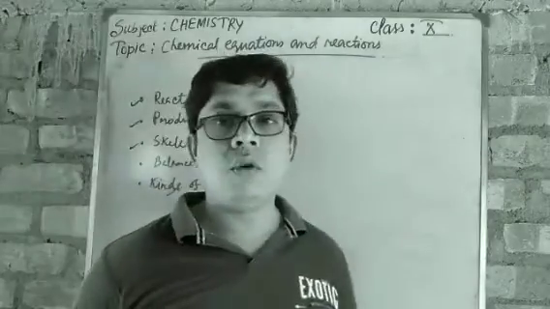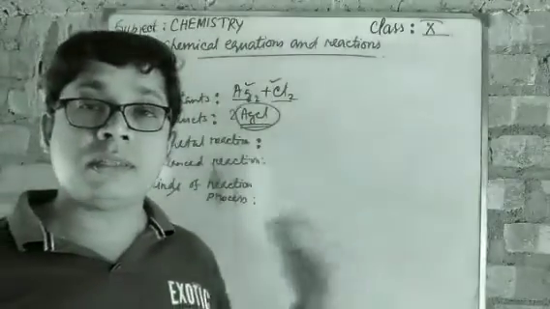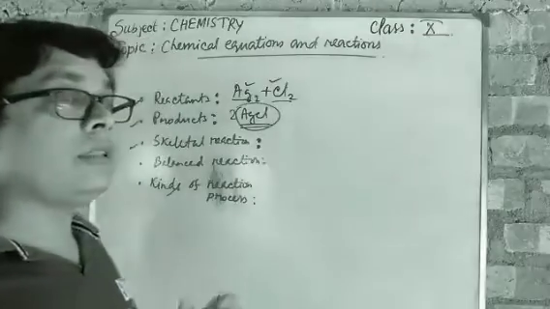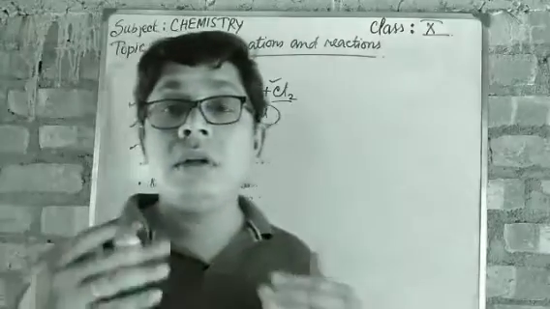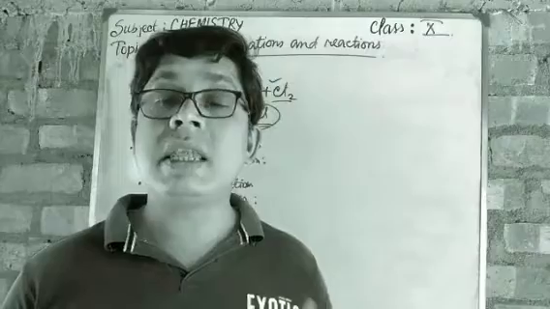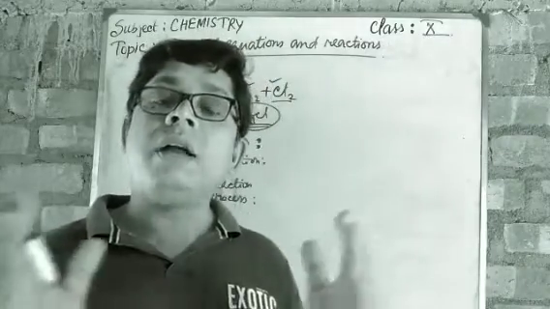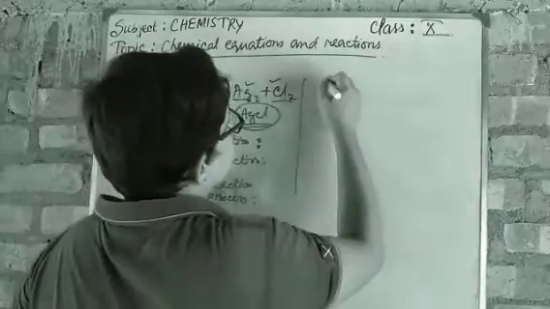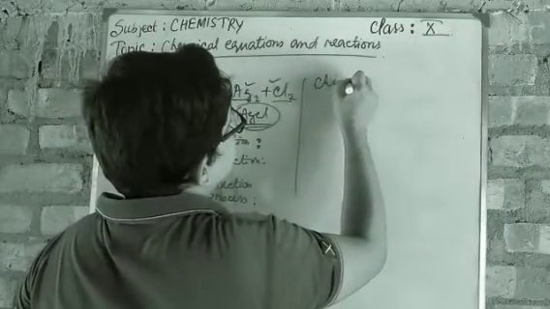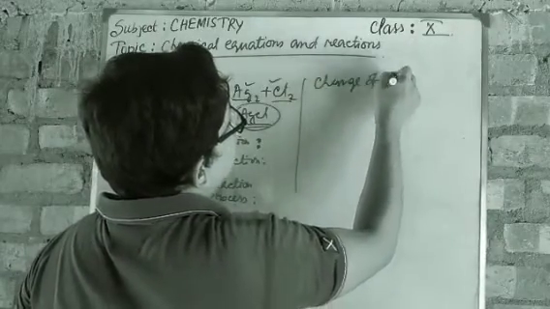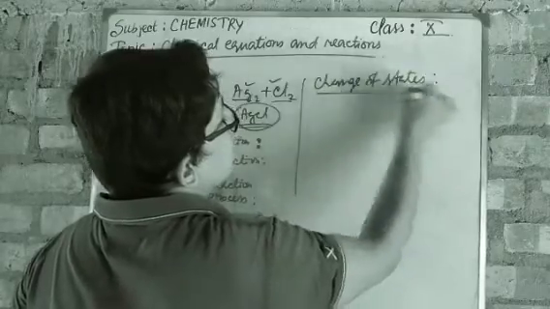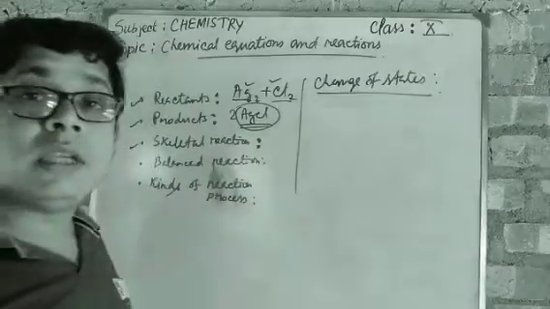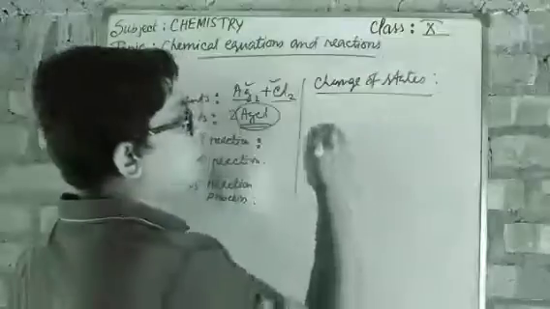Next, now come to the skeletal reaction. Before seeing the chemical skeletal reaction, let's see what changes we can observe when a new product occurs. We can say here: change of states. What type of change can be seen in the product?